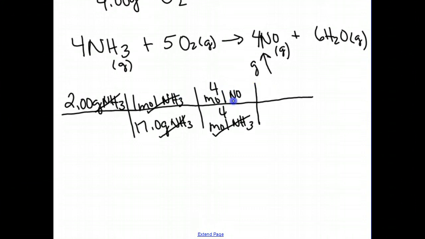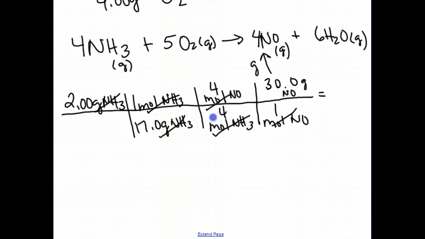Next, we have moles NO. Again, not what we're looking for. So we know that 1 mole of NO equals 30.0. That should be 30.0, not 3.0. 30.0 grams NO. So our moles NO is going to cancel.